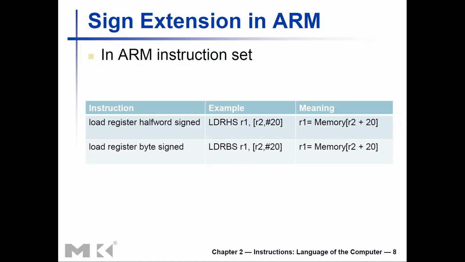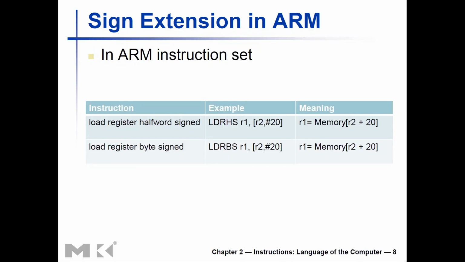So you get a 16-bit half word from memory, and when you place it in a register, you need to do this sign extension because a register is 32 bits, that's fixed. When you're loading something from memory, you can decide whether to take the full word, half of that, or a quarter of that. But when you're placing it in one of the registers, it has to be represented as a 32-bit number.